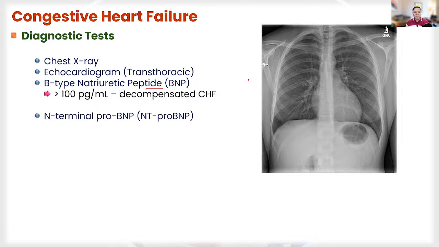And we also have a new assay here, which is the NT-proBNP. So what is this? This is a new laboratory test that will also help in determining that there is ongoing heart failure. The value here is going to be greater than 300 picograms per ml. So this will also help in the diagnosis of decompensated heart failure. It simply means that there is worsening of the heart failure.